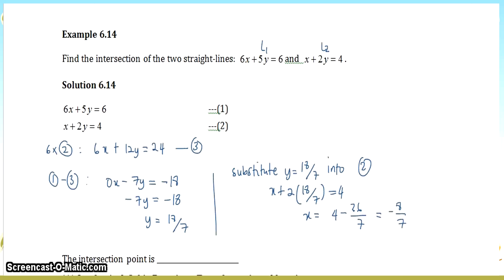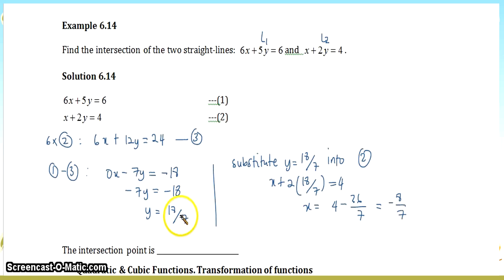So, these values x and y represent the x and y components of the intersection point. Therefore, the intersection point is x is negative 8 over 7 and y is 18 over 7. So, this is the coordinate of the intersection point. Okay, that's all for now. Thank you.